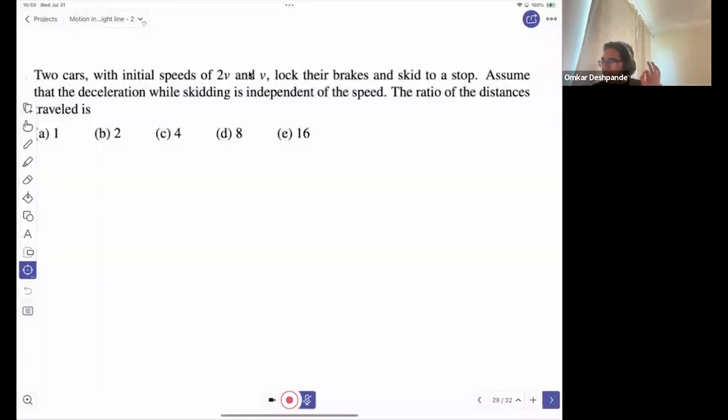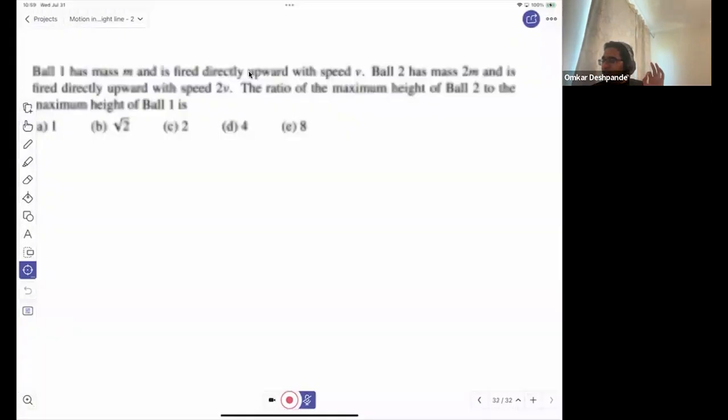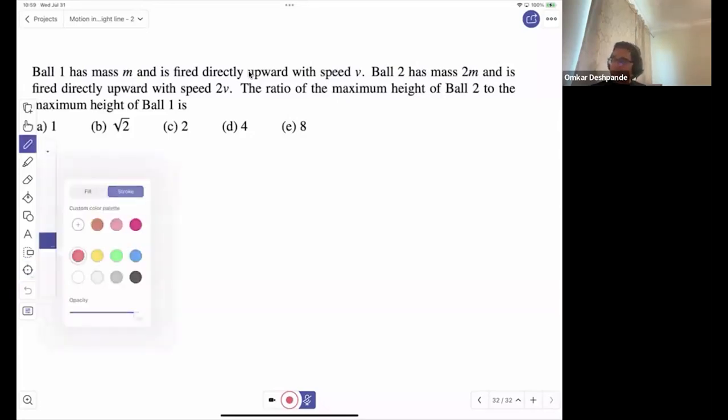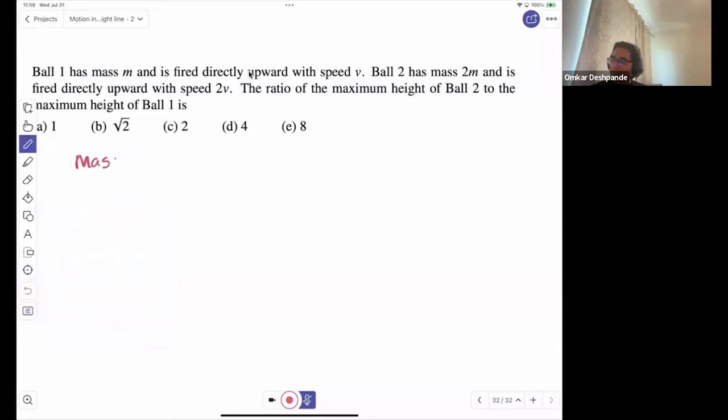So ignore the fact that the masses are different. All that you know is the first ball is thrown upward with a speed v, second ball is thrown upward with a speed 2v. All right, so this is the conceptual piece here.